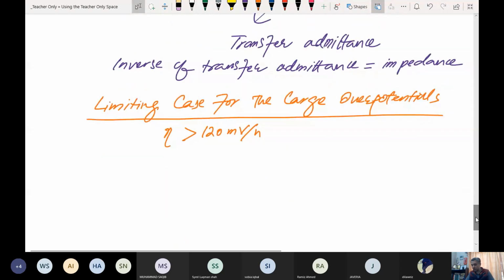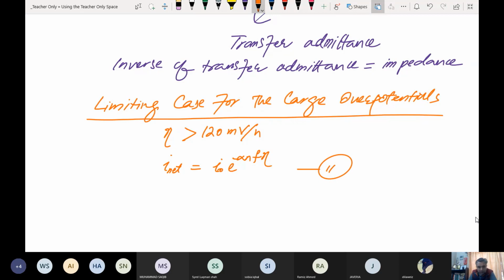So if we consider that one of the parts is becoming negligible, then we say that the net current will be equal to e raised to the power minus alpha nF eta. This will be equation 11, where you have ignored one part.